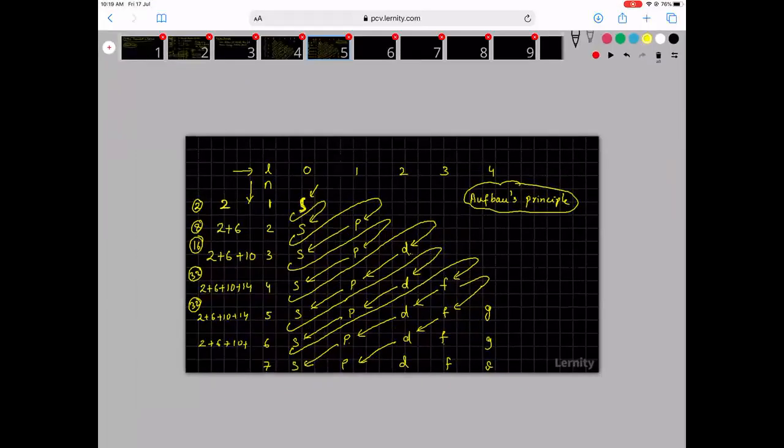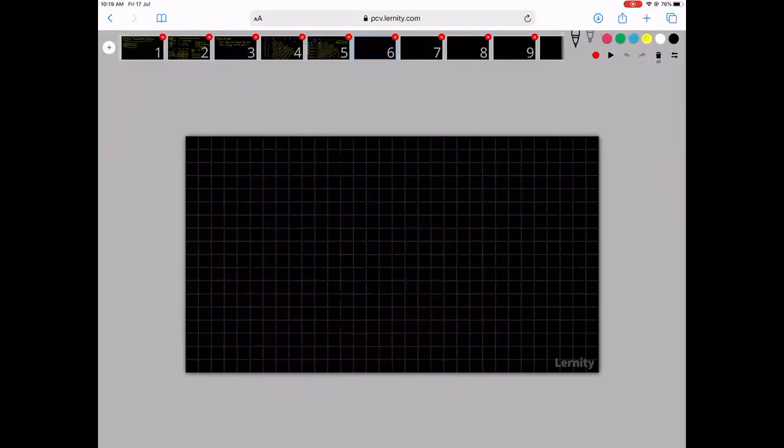See, I'm explaining this concept again. Okay. So you have the azimuthal quantum numbers 0, 1, 2, 3, 4, and so on. 0 stands for the S subshell, 1 stands for P, 2 stands for D, 3 stands for F, G, H, and so on.